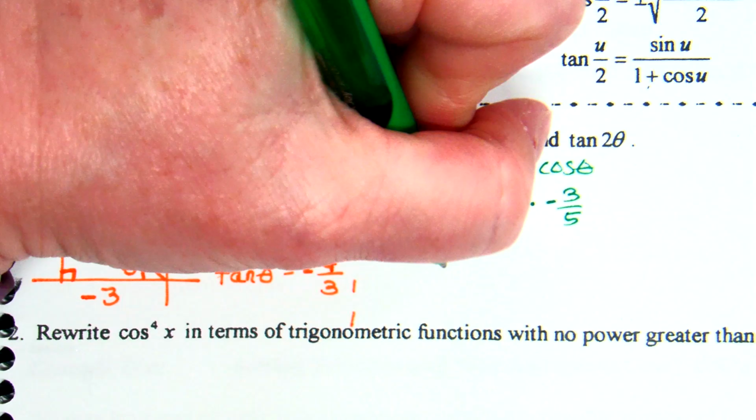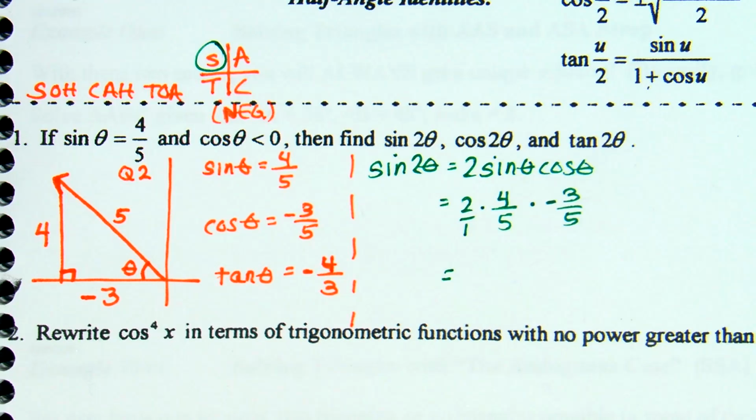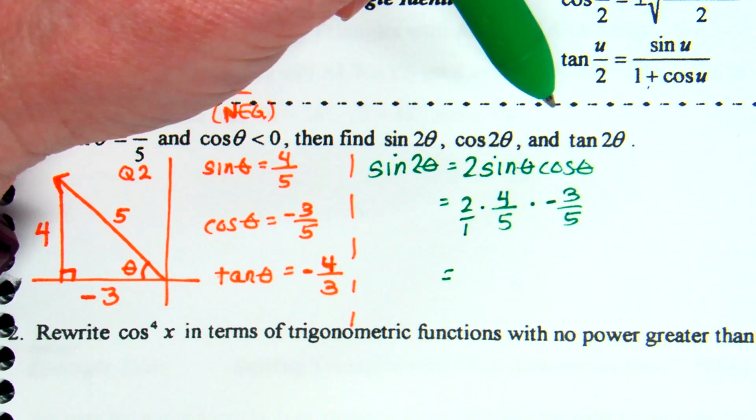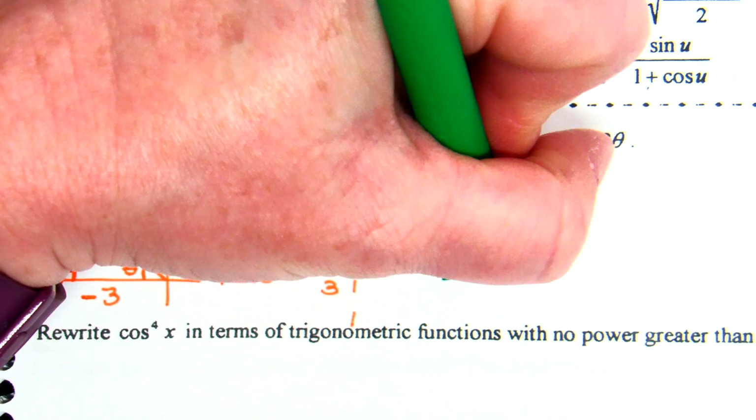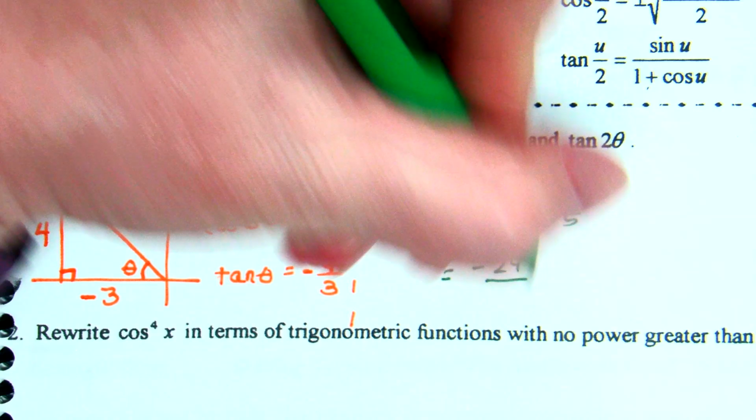What's this multiply out to be? Multiply across, guys. Two times 4 is 8, times -3 is -24. 1 times 5 times 5, 25.